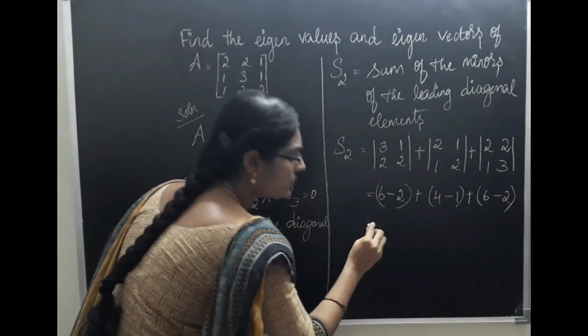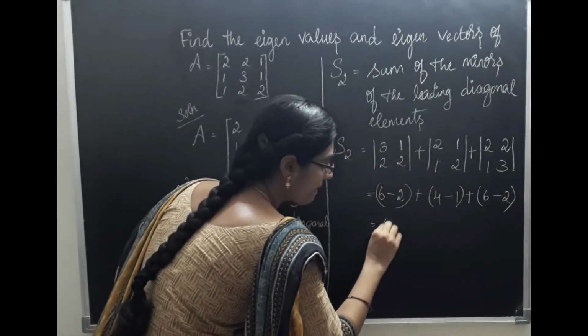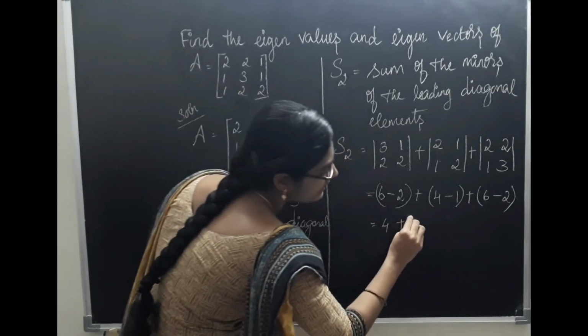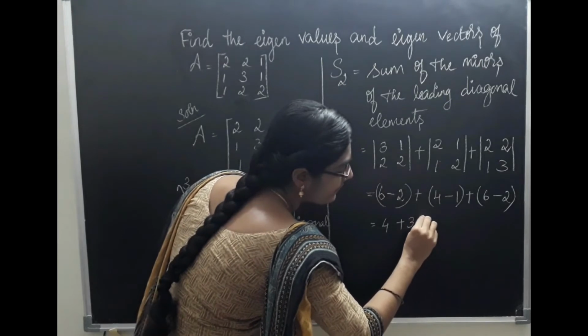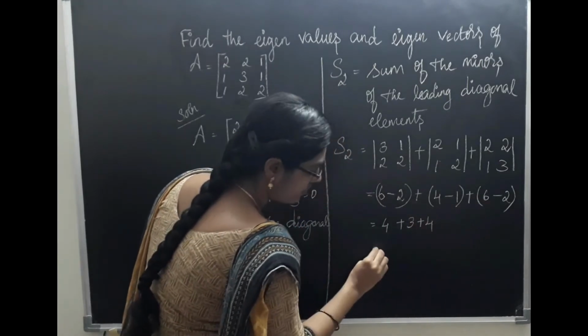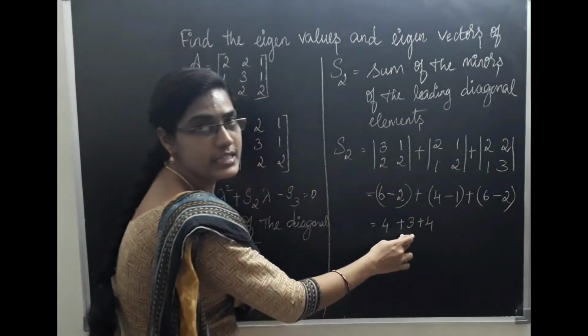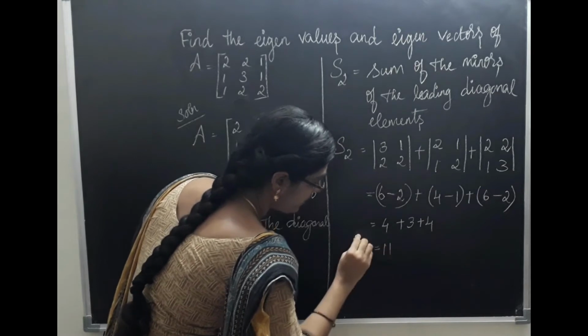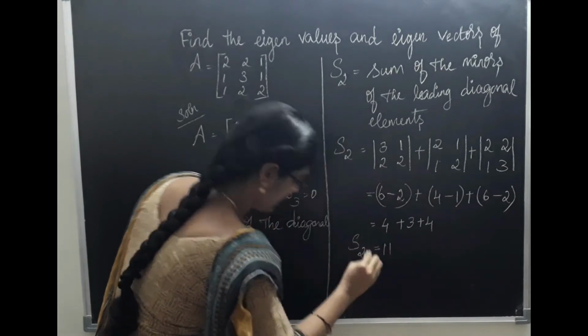So 6 minus 2, you will get 4, plus 4 minus 1 is 3, plus 6 minus 2 is 4. So 4 plus 3 is 7, 7 plus 4 is 11. So the S2 value is 11.